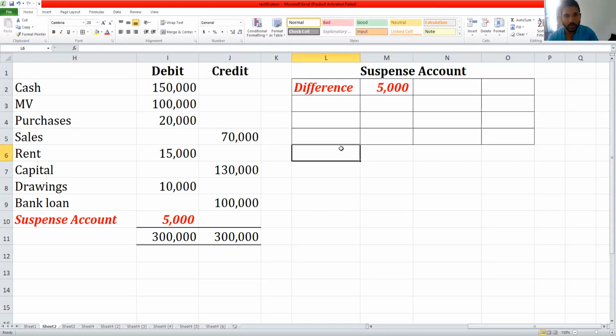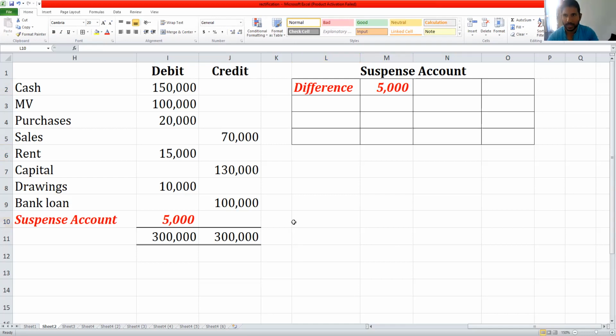This is the answer for the second question. Difference 5,000 in the debit side. Difference 5,000 debit side.